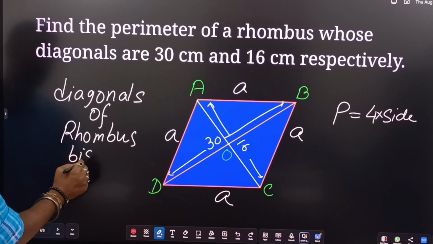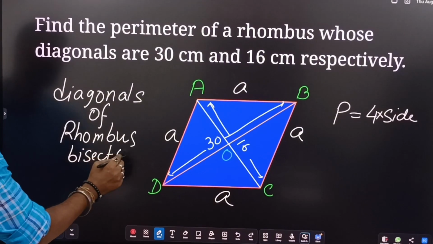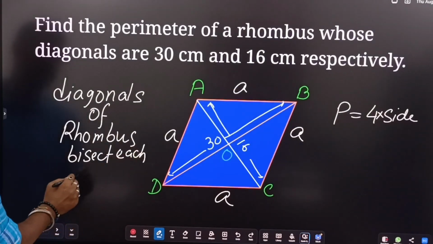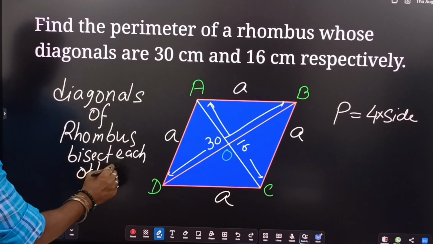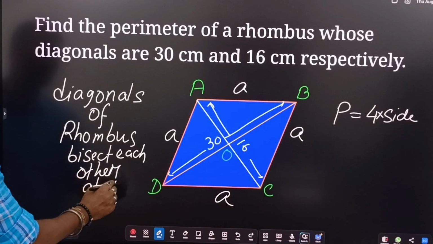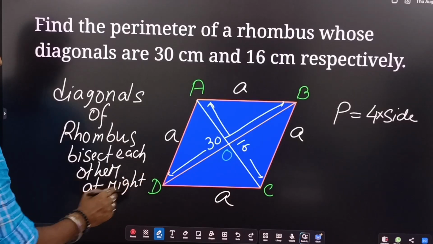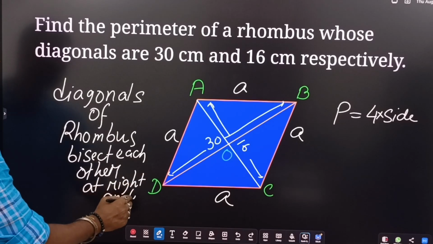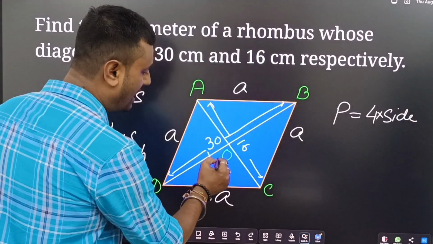bisect each other at right angles. That means you can say that these two parts are equal.